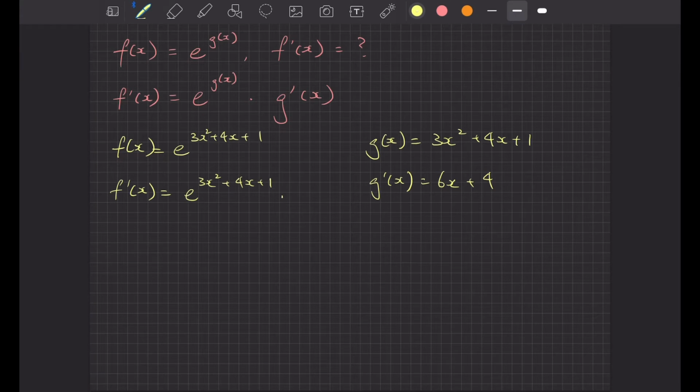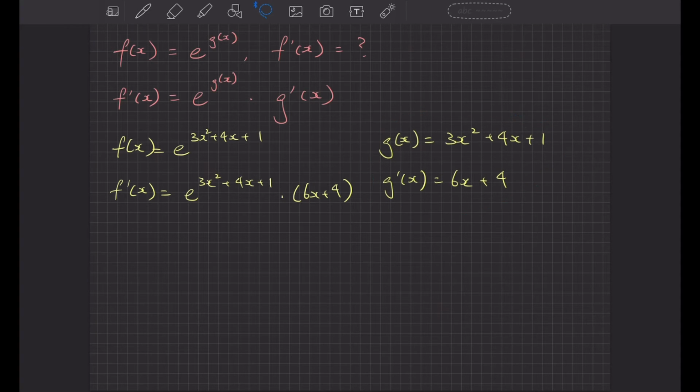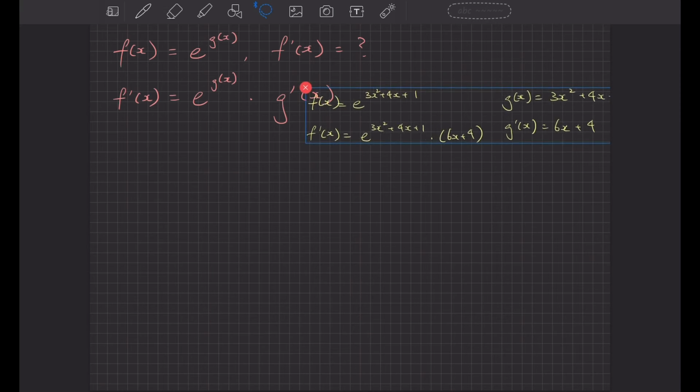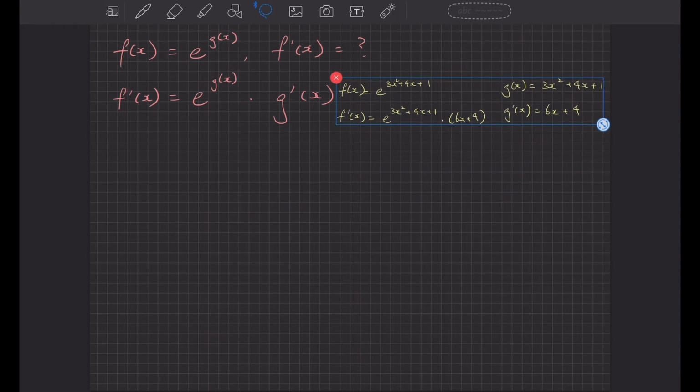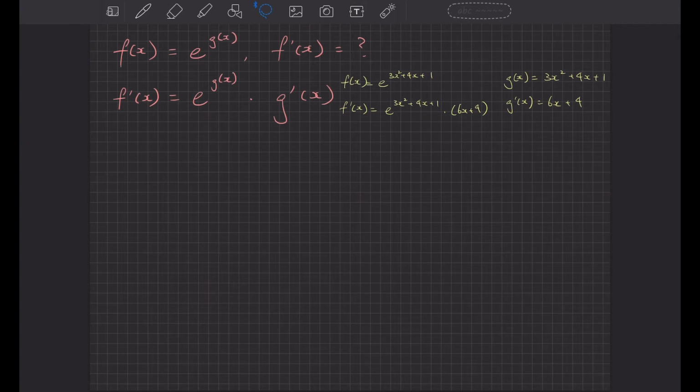So let's move it to the original equation and make it more clear, and move it a little bit because we are going to do another example. Let's move to another equation.